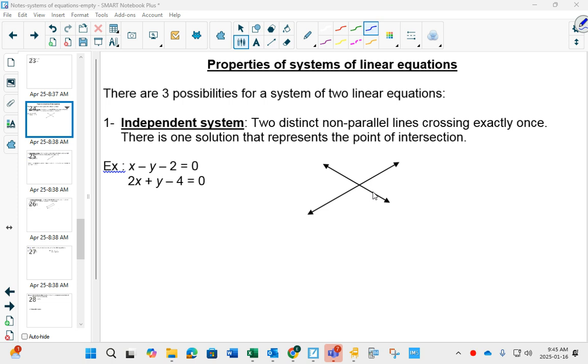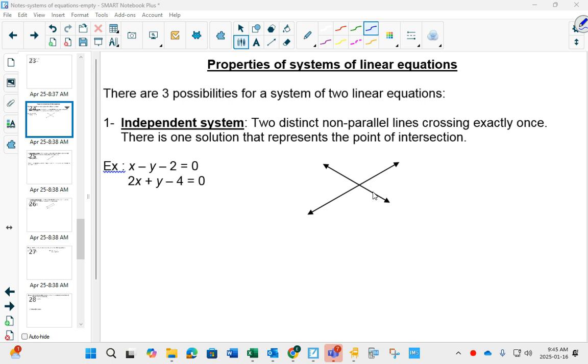So here's an example, and we learned with independent systems that there were three ways that you could solve it. You could either graph them, and if you graph them, you could find the point of intersection. You could use the substitution technique, or you could use the elimination technique.